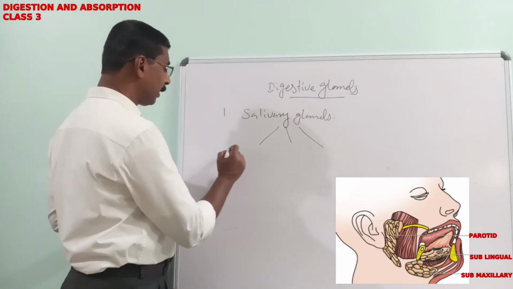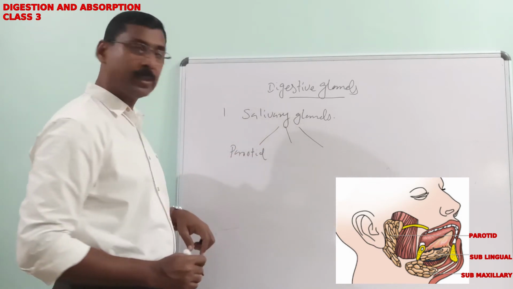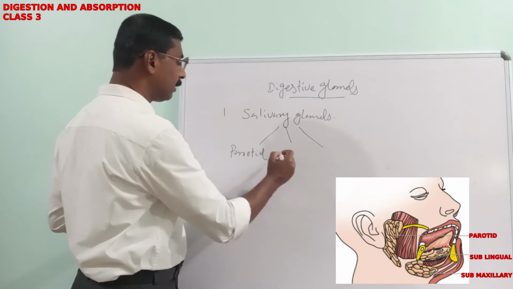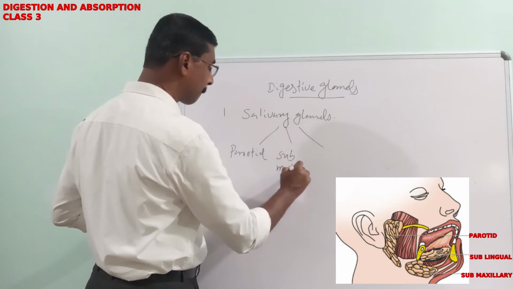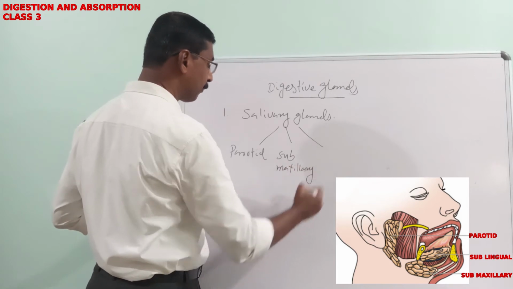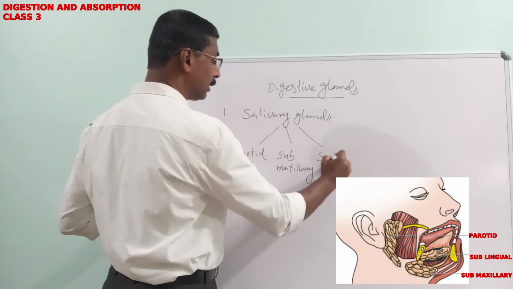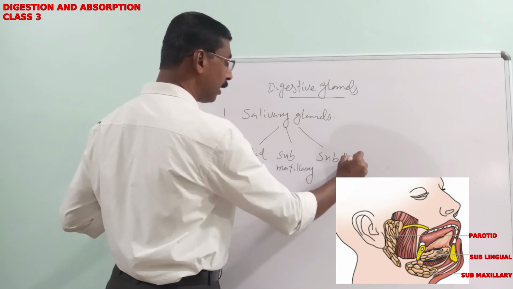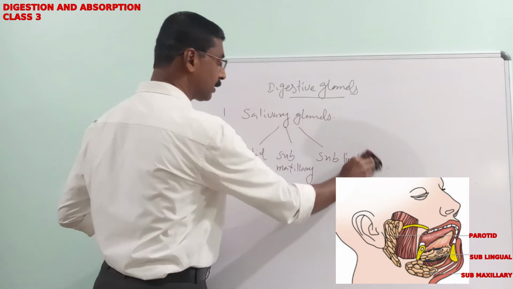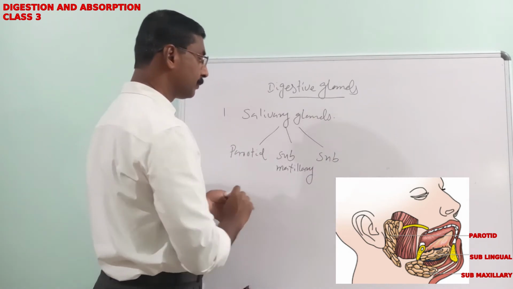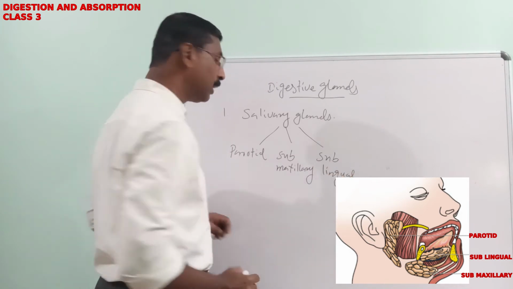One is a parotid gland, and the second one are submaxillary glands, and the third one are sublingual glands.